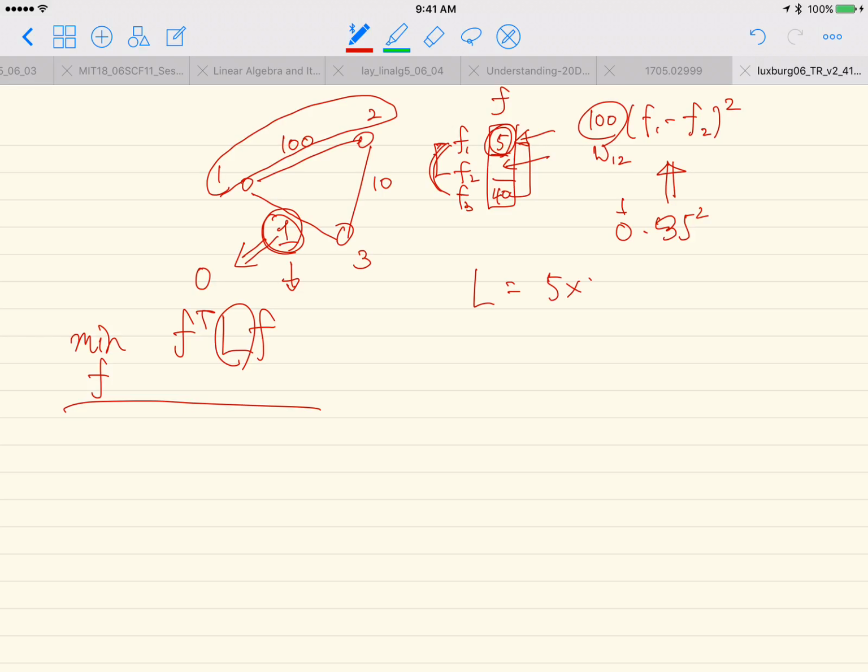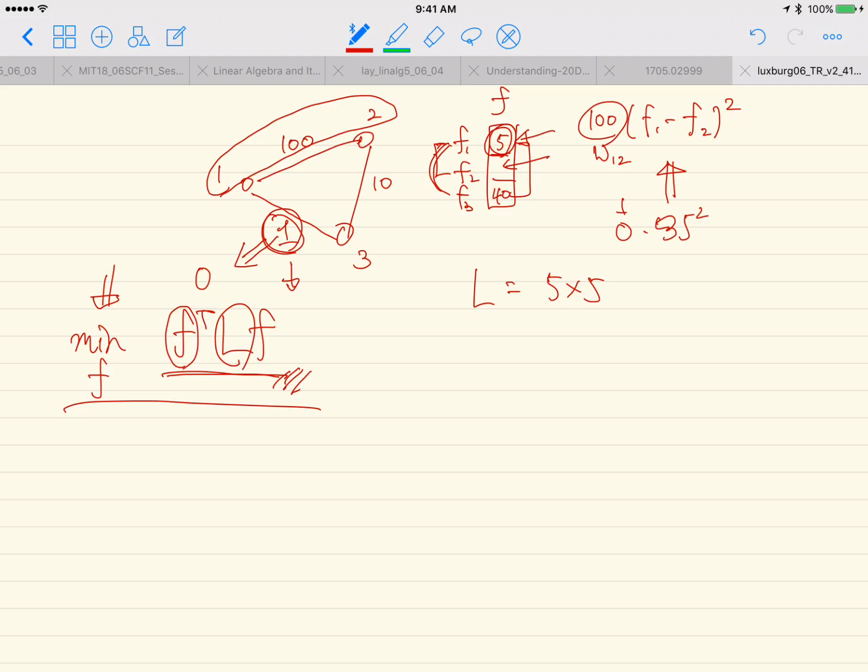Suppose L was a 5 by 5 matrix. Even though this one is a Laplacian matrix, it can be any matrix. It can be your covariance matrix, or any other kind of square matrix. You can consider this kind of problem: it always generates a scalar value, and the question is which vector f will minimize this scalar value.